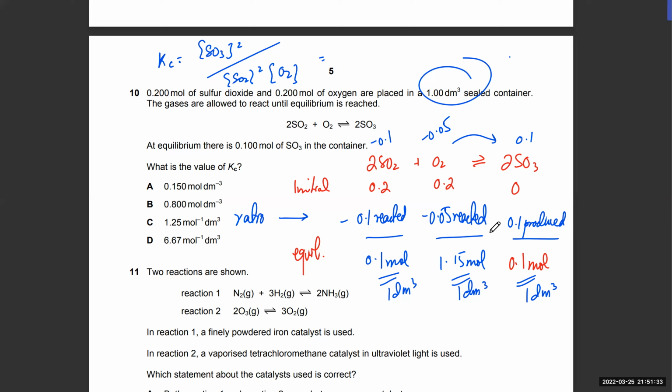So we've got 0.1 squared divided by 0.1 squared, and O2 is, not 1.15, this is 0.15, sorry. 0.15, क्योंकि 0.2 था and 0.05 are gone. So that will give you 0.15. तो अब इसका जो भी आंसर आ रहा है देख लो कि क्या आ रहा है. What do you get?